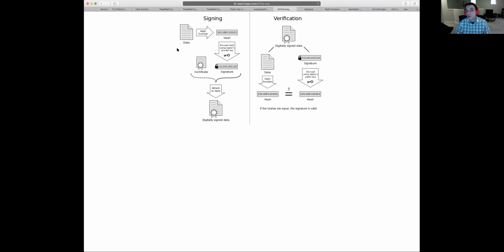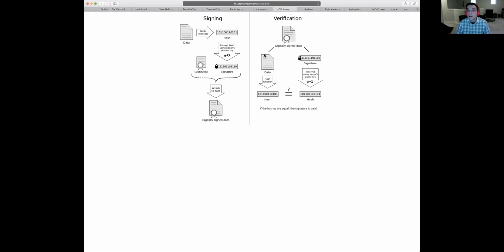If you take the data that you want to sign and hash it, and then you encrypt the hash using your private key and attach it to the data as a certificate, the person who receives the digitally signed data, which is really just the data plus your encrypted version of the hash, they can take your public key and decrypt it, because again, the way asymmetric cryptography works is what you encrypt with your private key, they can decrypt using the public key.